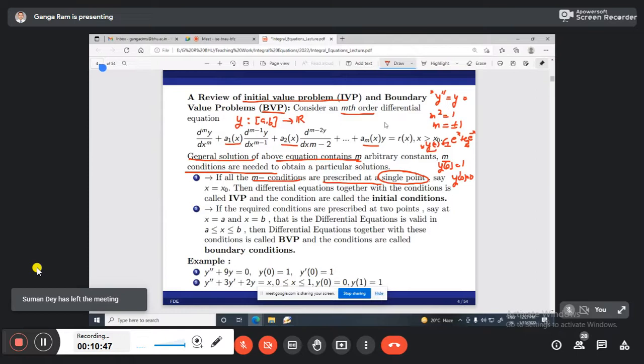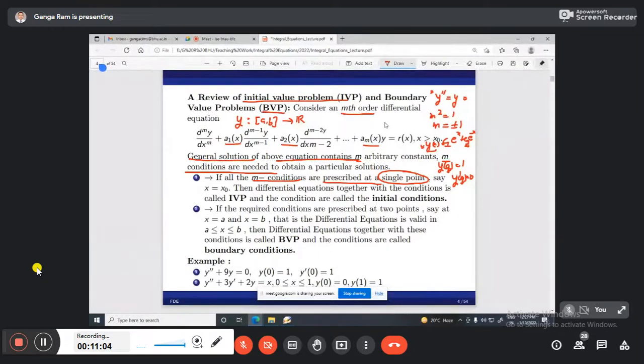You can see that this is the point at which the function is defined, and also the point at which the first order derivative is defined. These are single points, 0 and 0 also.